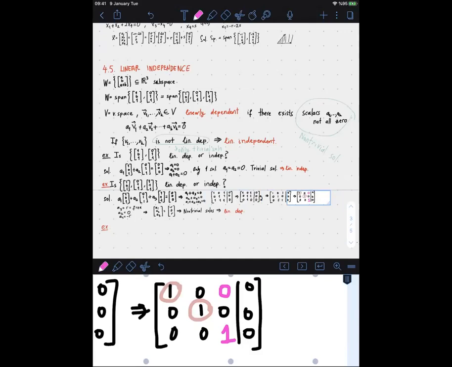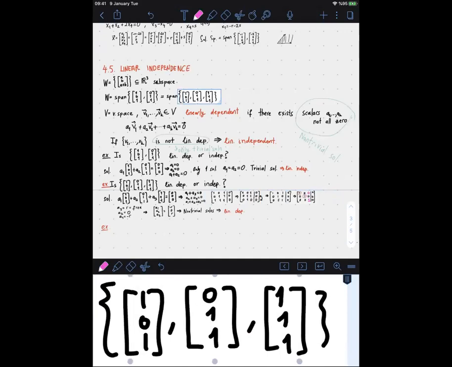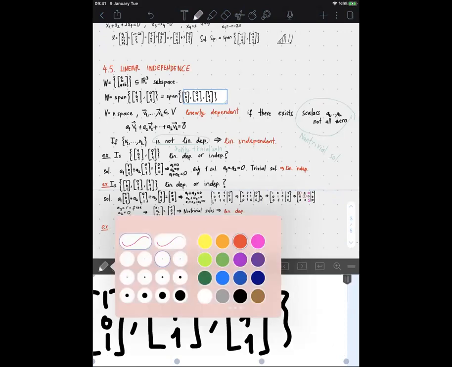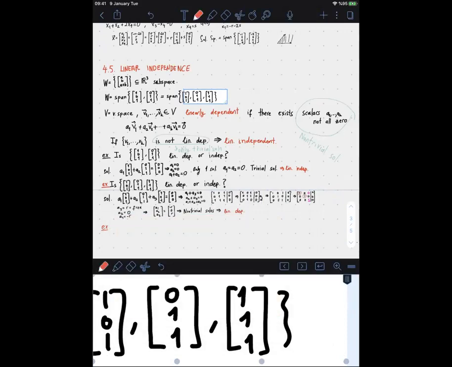Oh, wait a minute. We made the error somewhere else, guys. I'm very sorry. Okay, I figured it out. So I couldn't add these two vectors. That was my problem. So let's use a different color.